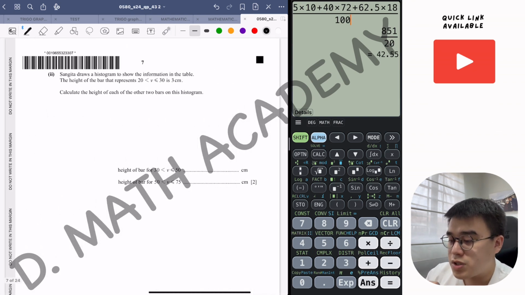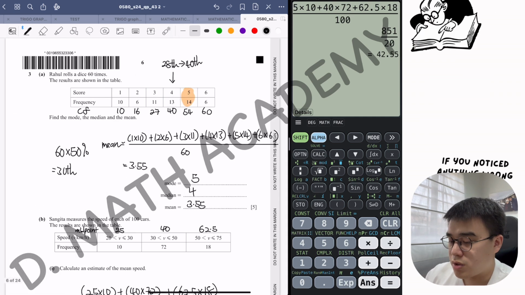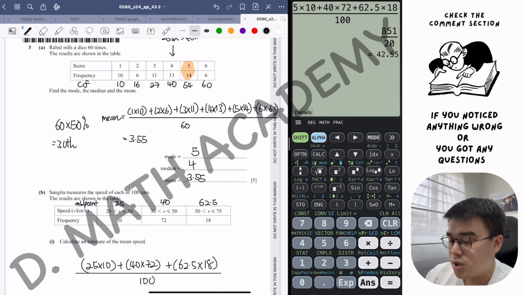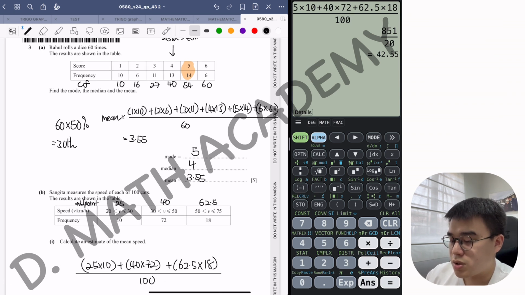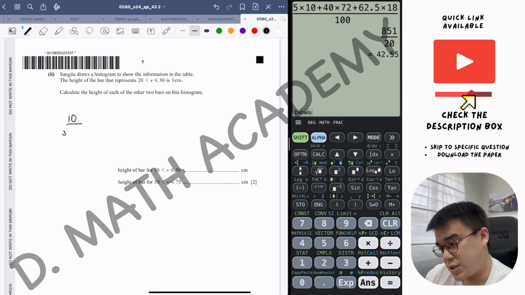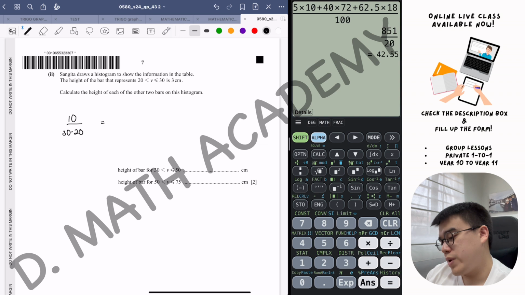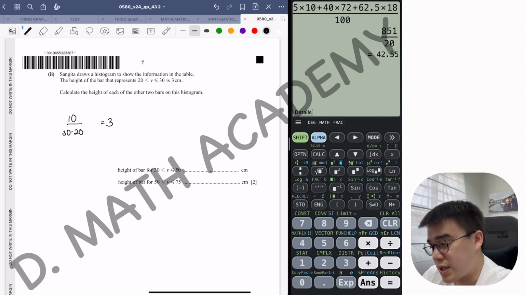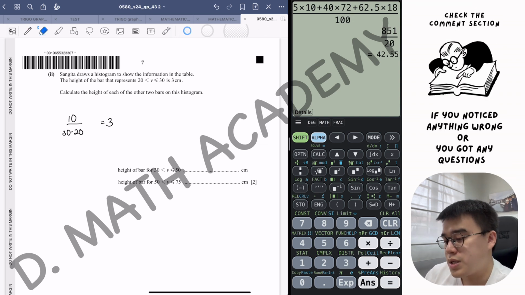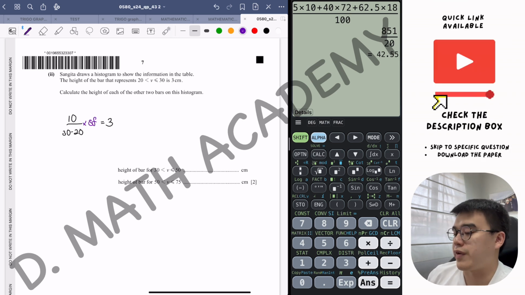Moving on, we have a histogram, and the group of 20 to 30 is 3. So we have to refer back to the table earlier. 20 to 30 is 3, and we have the frequency of 10. We have a class interval of 30 minus 20, and there's no way this calculation gets us 3, which means there will be a scale factor.